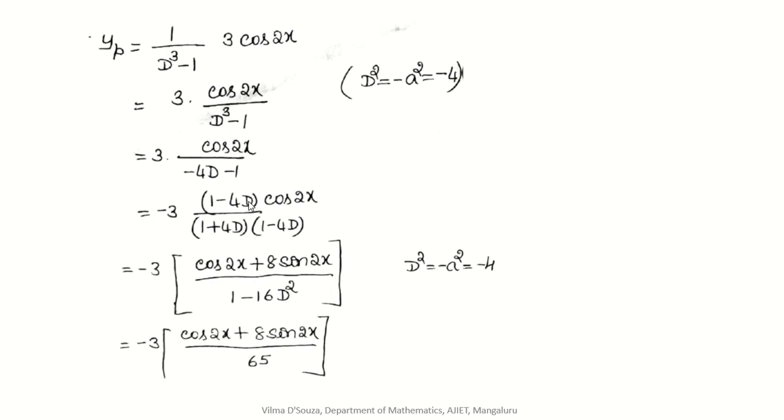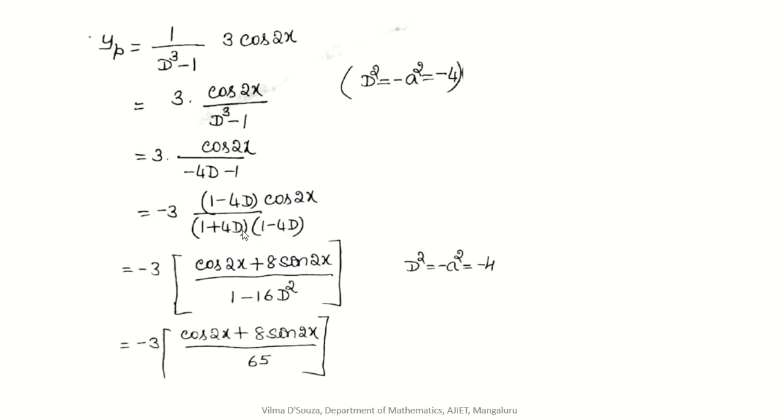What does d stand for? D stands for differentiation. So d of cos 2x, the differentiation of cos 2x, is minus sin 2x into 2. So this becomes plus 8 sin 2x divided by a denominator of the form a plus b into a minus b.